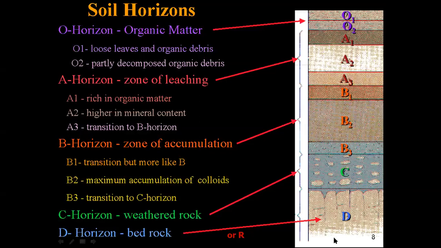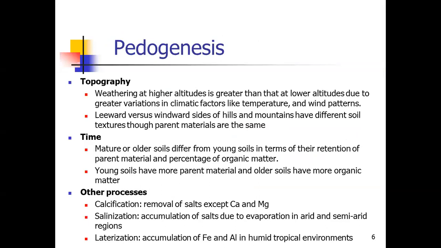And at the bottom, you have what we call parent material. This is the bedrock. The weathering of this bedrock is going to result in the formation of soils. And the remaining layers on top of the bedrock are literally layers of the soil. Okay, we'll come back to this in more detail later.